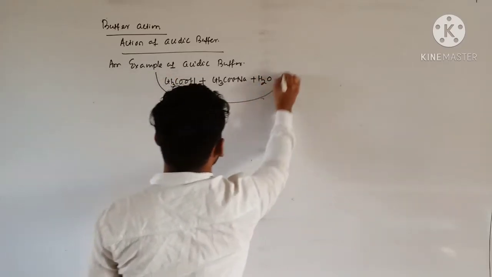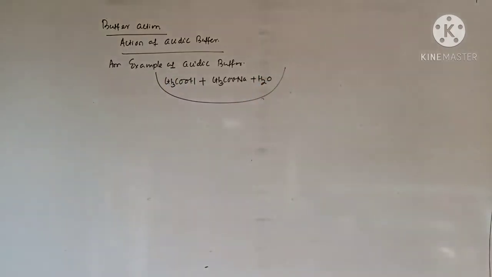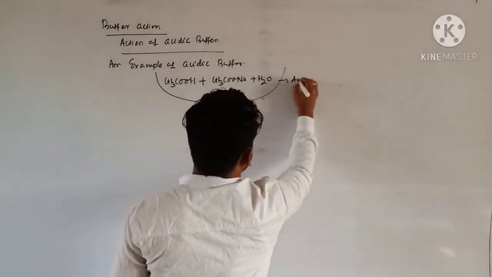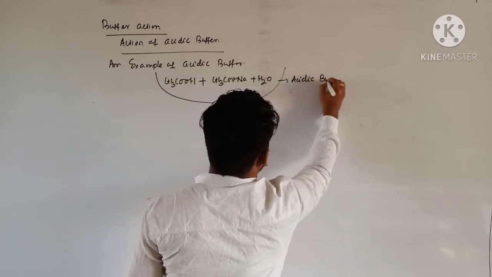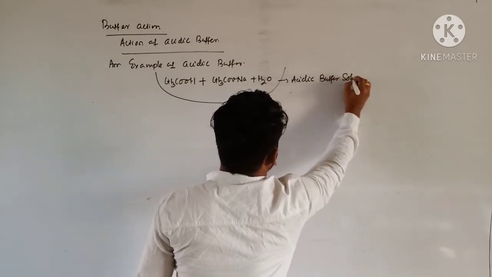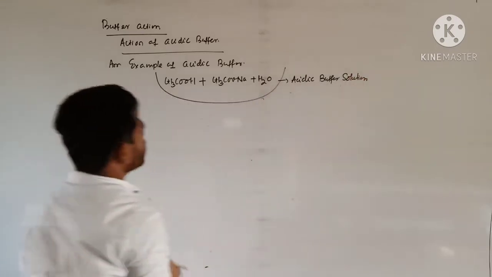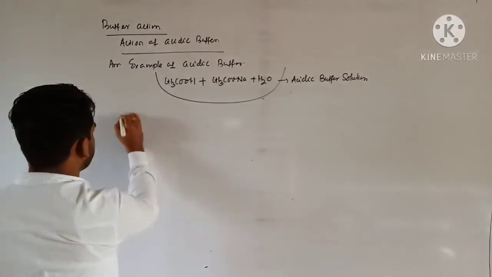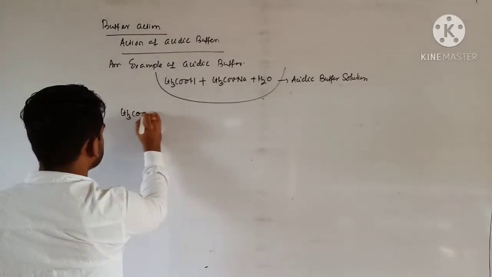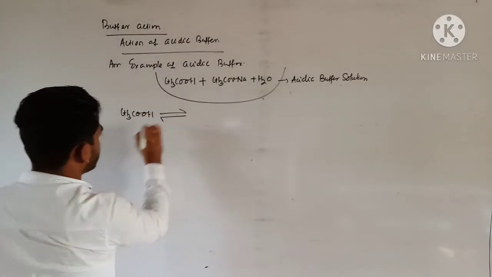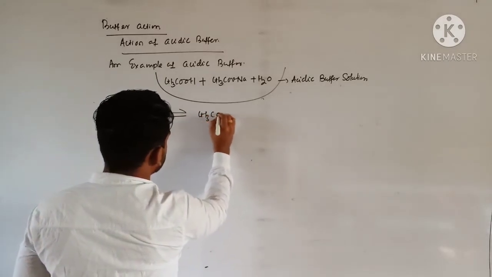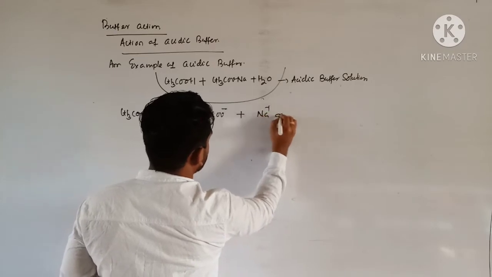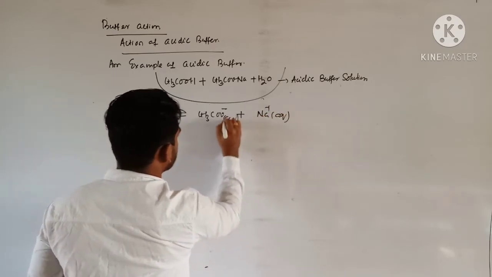This mixture is an acidic buffer solution. Am I right? So what are the possible equilibria in this solution? CH3COOH, a weak electrolyte, gets dissociated into CH3COO minus and H plus, and CH3COONa dissociates into CH3COO minus plus Na plus. That clear?